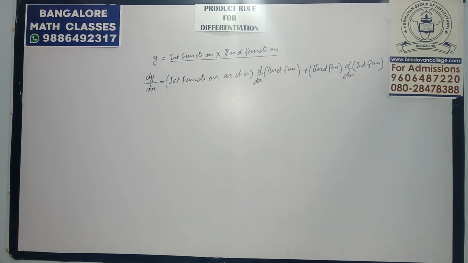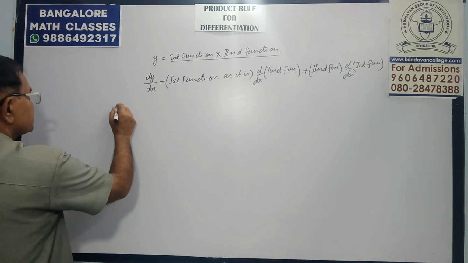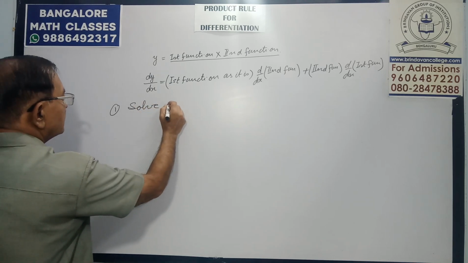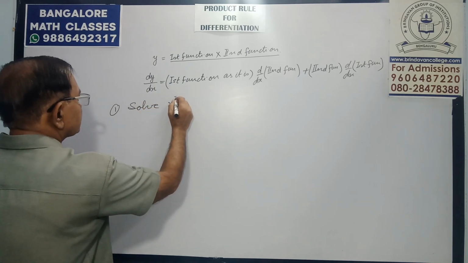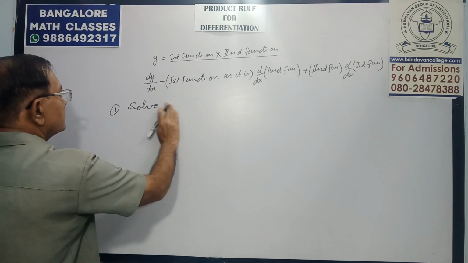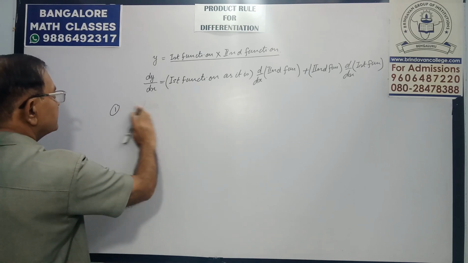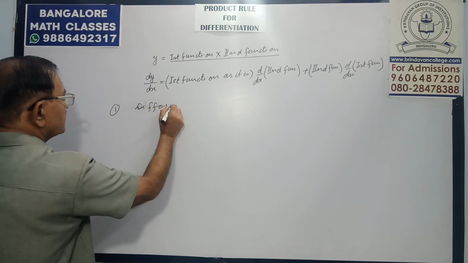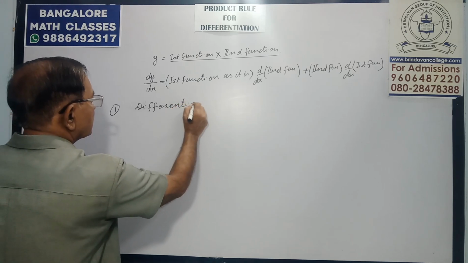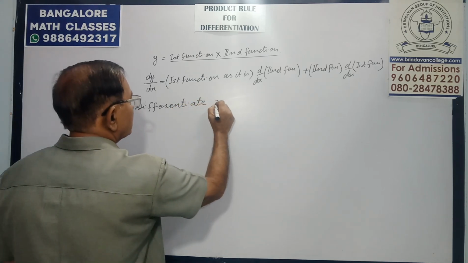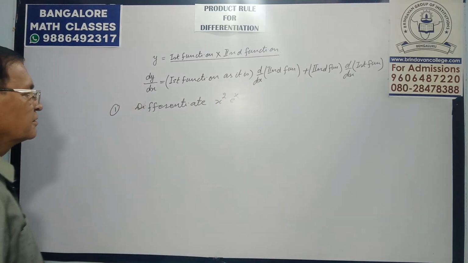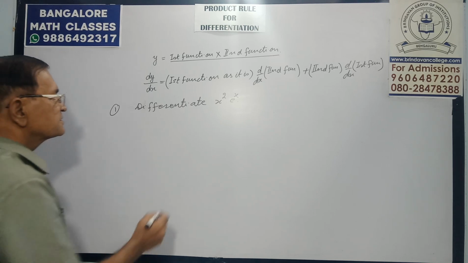So see, first sum I am going to solve. First sum: x square e power x, find dy by dx, or you can write differentiate x square e power x.